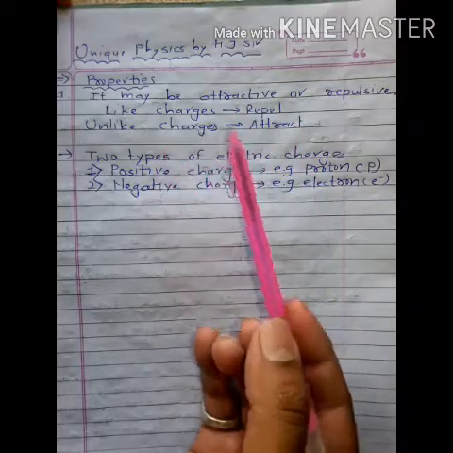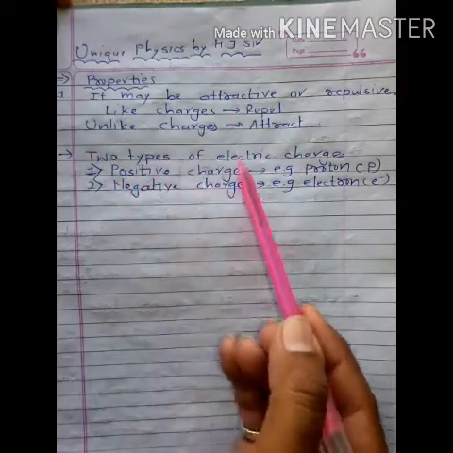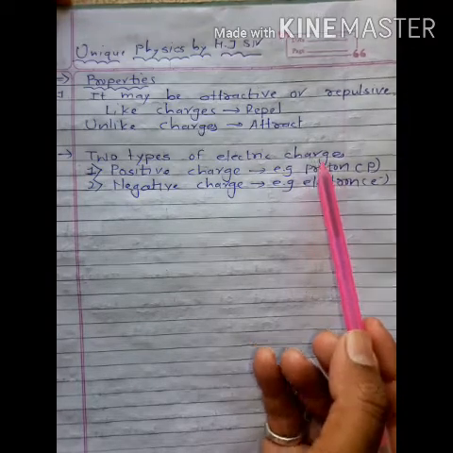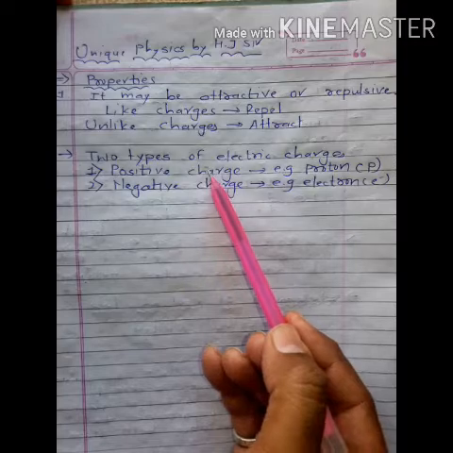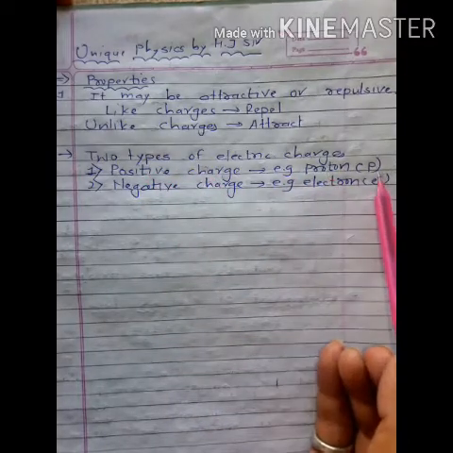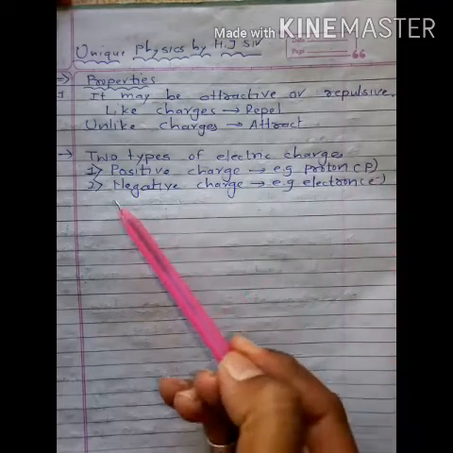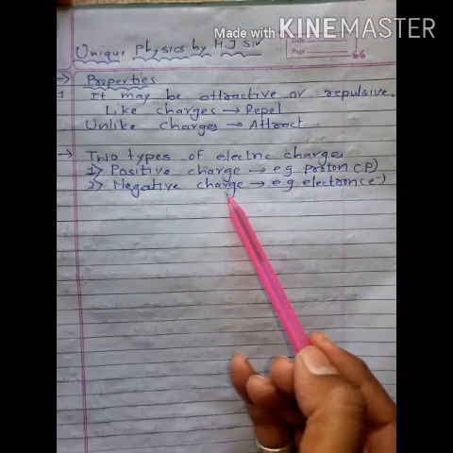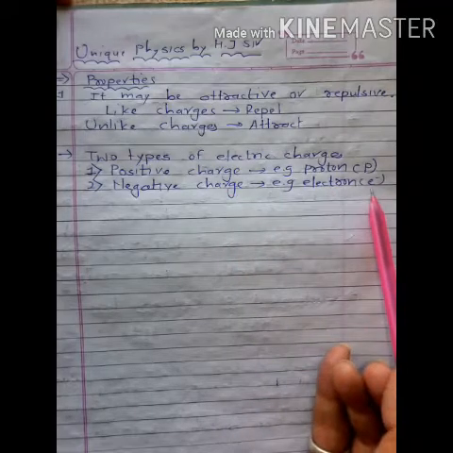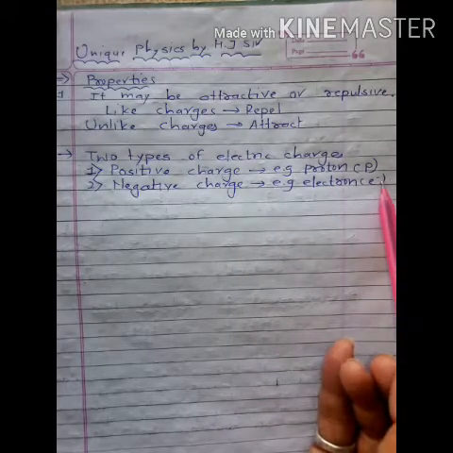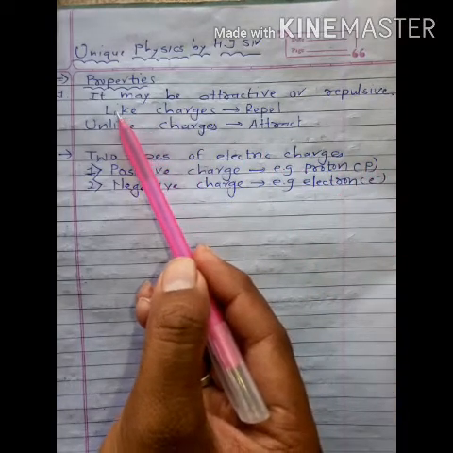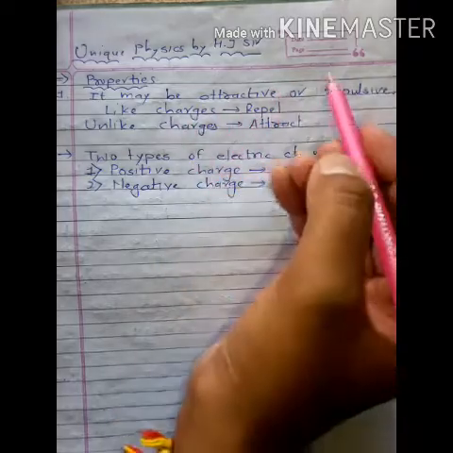Now remember a simple example. There are two types of electric charges. This is the basic concept of electric charge. Number one, positive charge, its example is proton, denoted by P. And negative charge, its example is electron, denoted by e minus. The minus sign represents negative charge. Now here we explain this topic again. Like charges repel each other. Like means same.